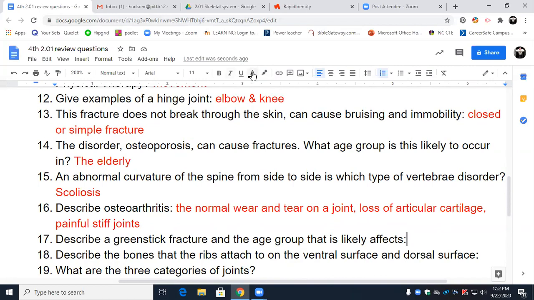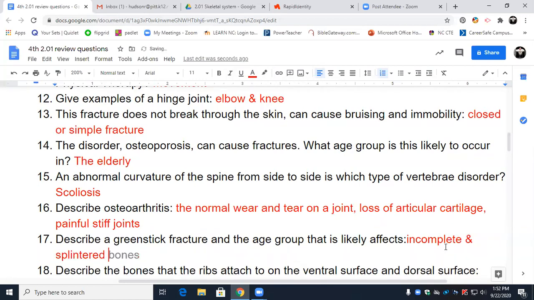All right, so describe a green stick fracture and the age group it likely affects. So this is an incomplete and splintered fracture. And what's the age group that it likely affects?